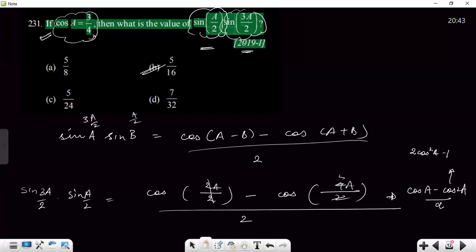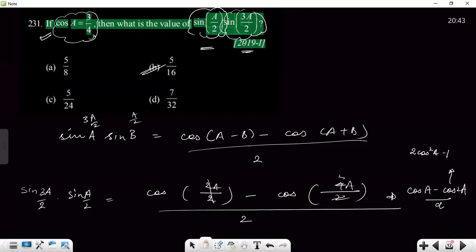Actually, there are other methods, but they are more tedious than this. When we consider cosine of A is equal to 3 by 4, we can write cosine of A is equal to 1 minus 2 sine square of A by 2. From there, we can find the value of sine of A by 2.